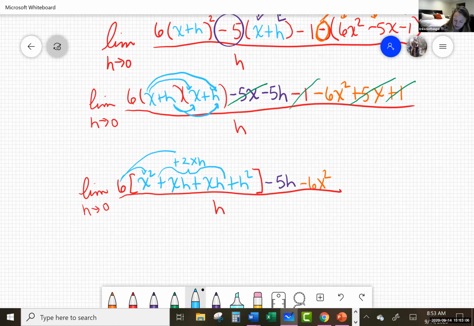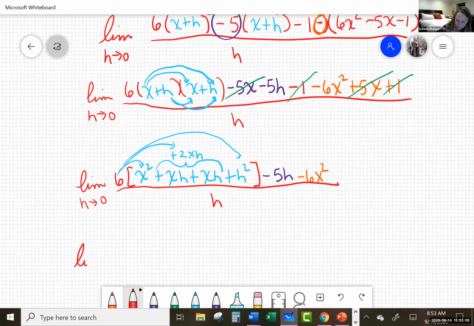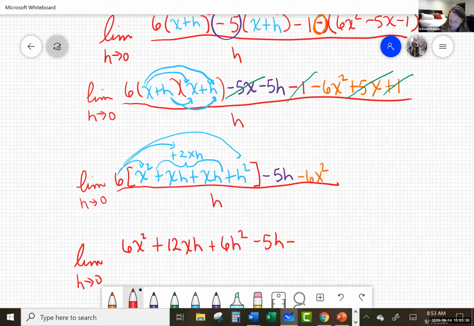The limit as h goes to 0 of 6 times x squared, so 6x squared, 6 times 2xh, so that's a positive 12xh, 6 times h squared, so plus 6h squared, minus, bring down that 5h, and bring down the minus 6x squared, all over h.